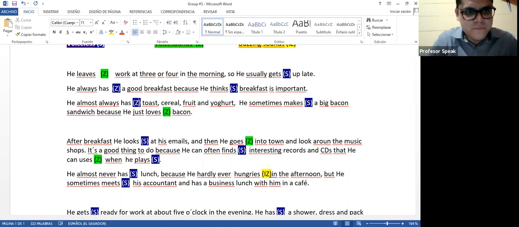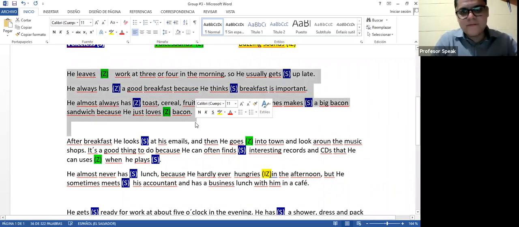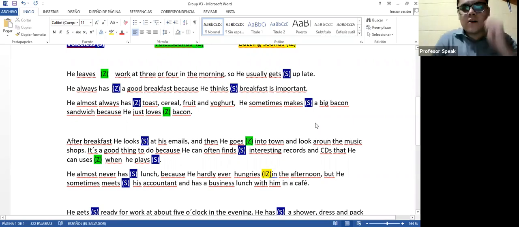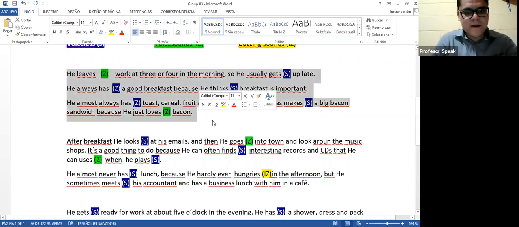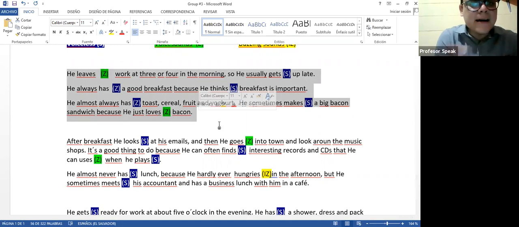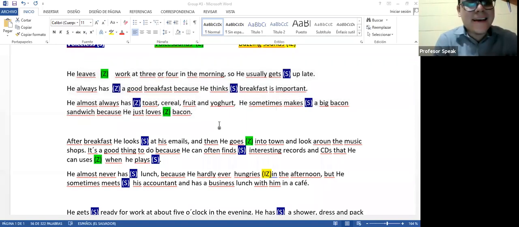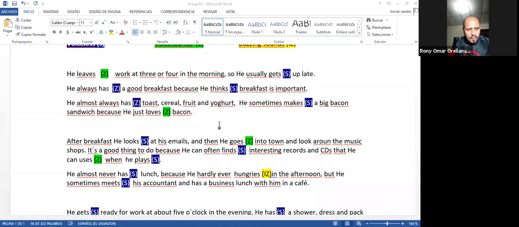All right. So I'm going to read the first paragraph, and I want you to pay close attention to the pronunciation for the letter S. Okay, here we go. He leaves work at 3 or 4 in the morning, so he usually gets up late. He always has a good breakfast because he thinks breakfast is important.